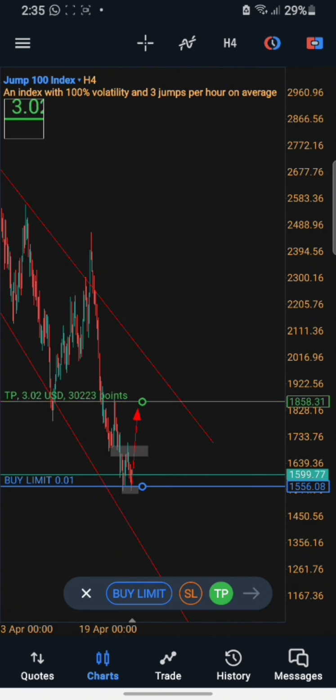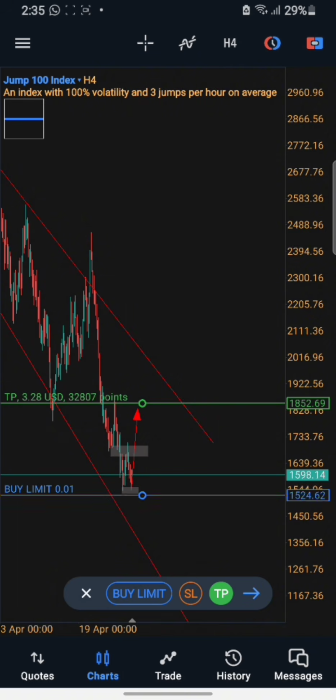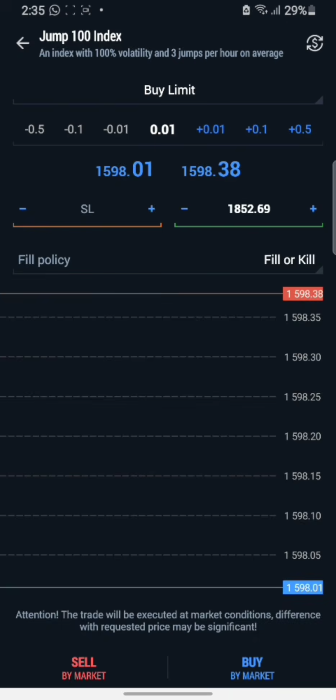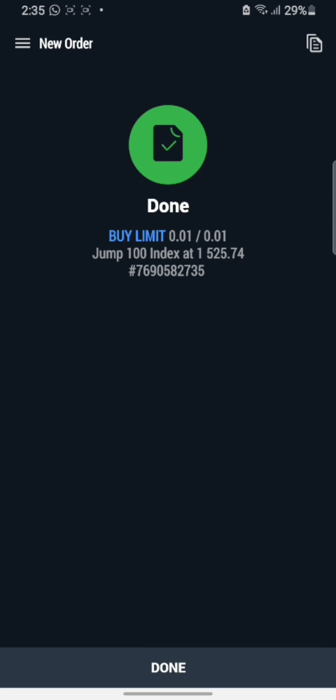So we can put a buy limit so that if the market pulls back to that support line, it can just execute itself. And then we aim for buys.